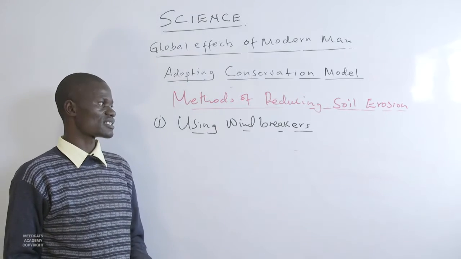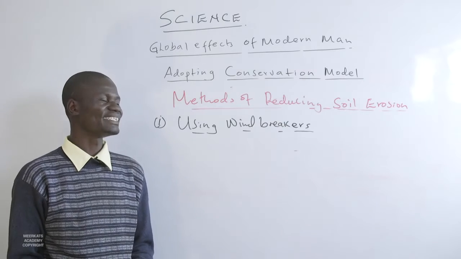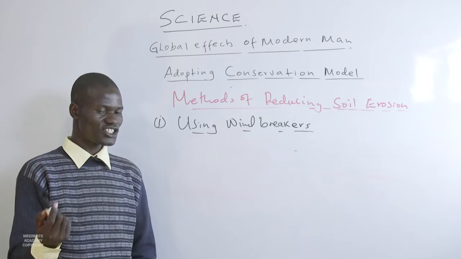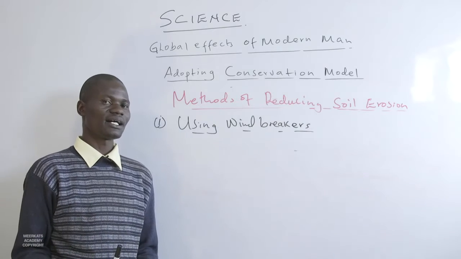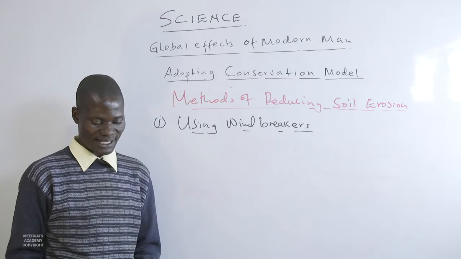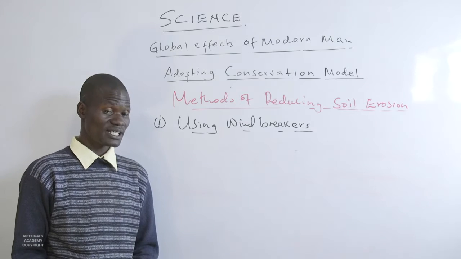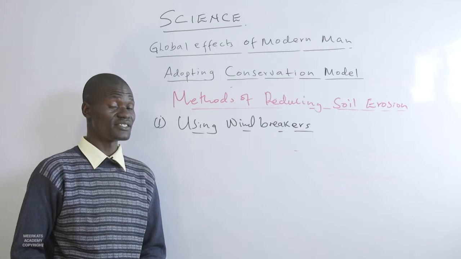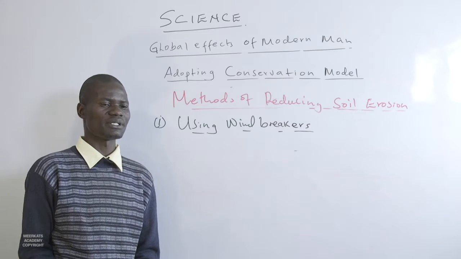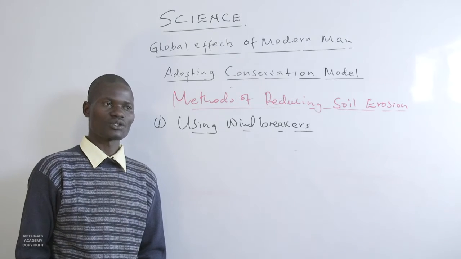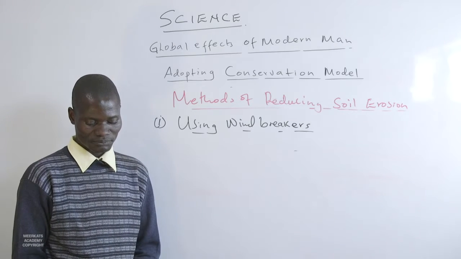When we use windbreaks, it means that on the hedge of the farm, we are planting more trees, and these trees should have been able to develop. The trees can actually add nutrients to the soil, especially when we look at more of the indigenous trees. That one takes a longer time to grow and be established. We also look at the exotic trees, depending on the regions where you come from.